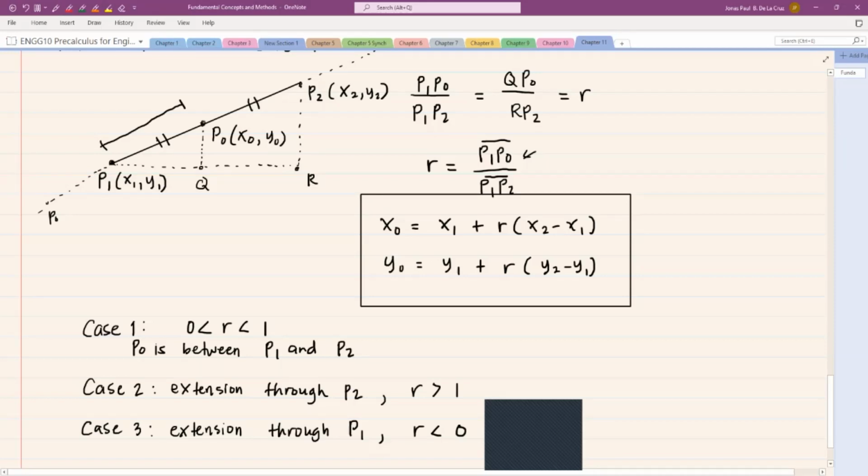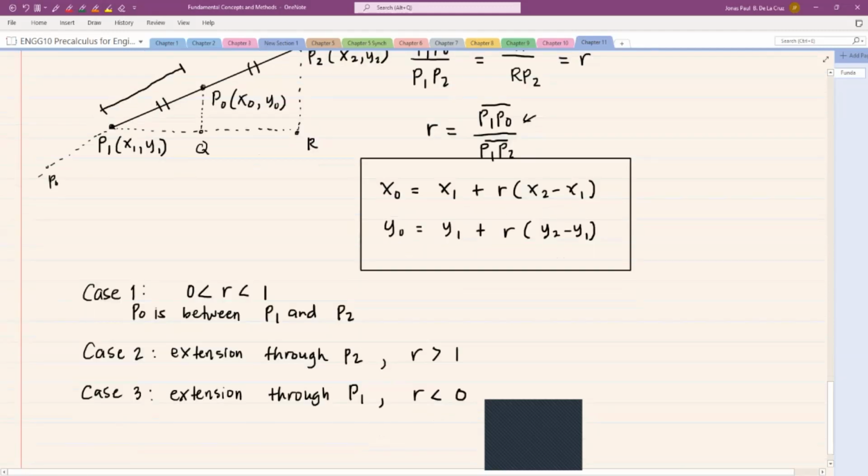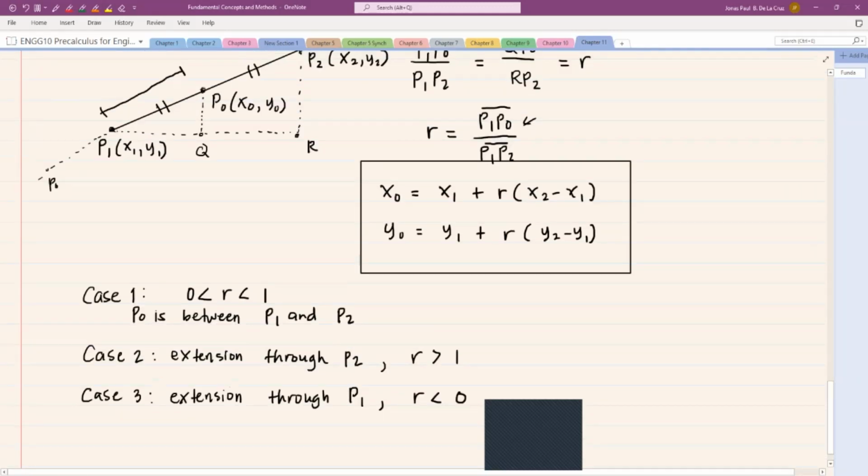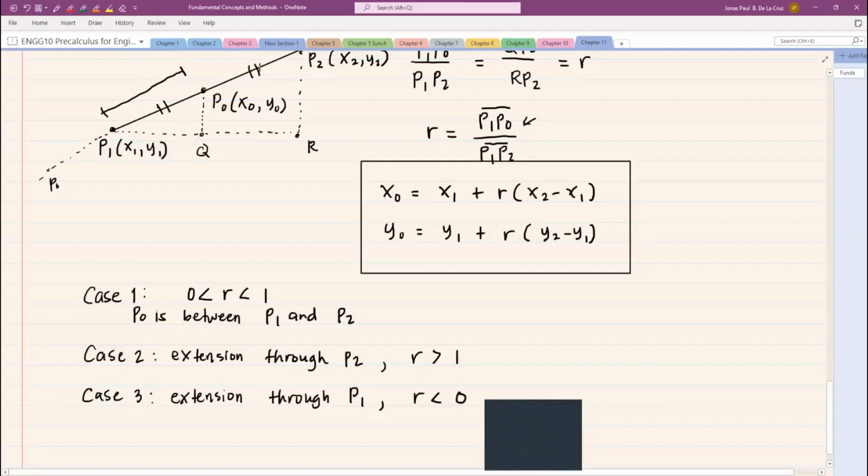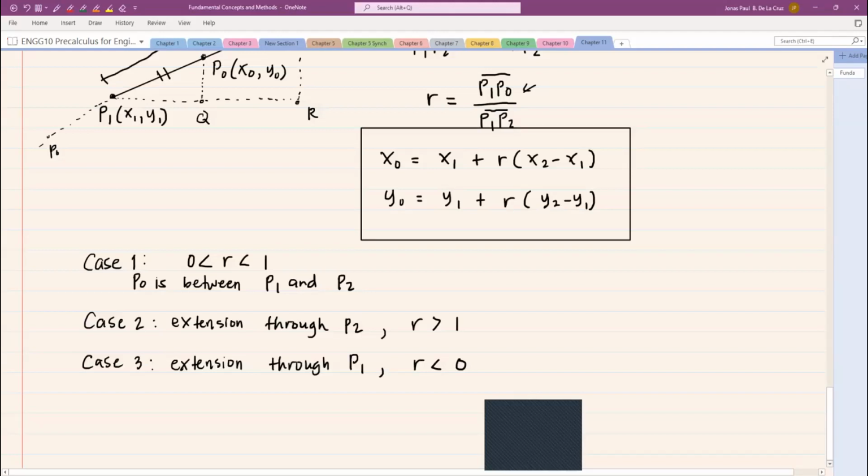Okay? Kapag equal yung distance niya from P1 tsaka P2, yung PO tinatawag natin na midpoint. And we have a formula kapag sinubstitute natin R is equal to 1/2. In this case, masosolve natin yung midpoint formula.